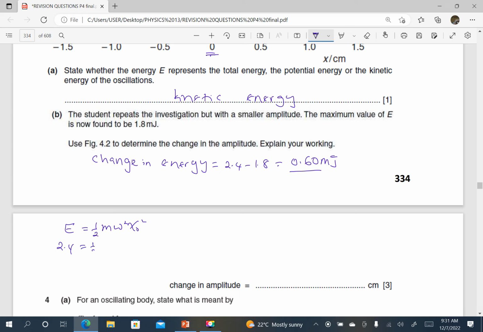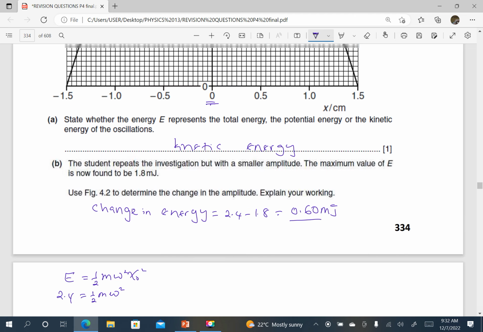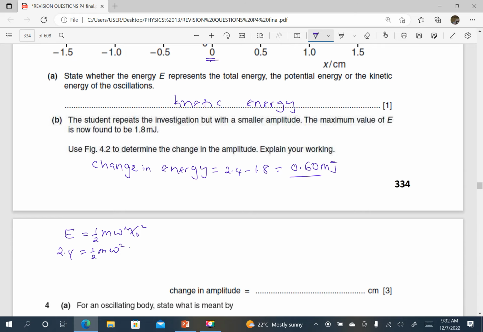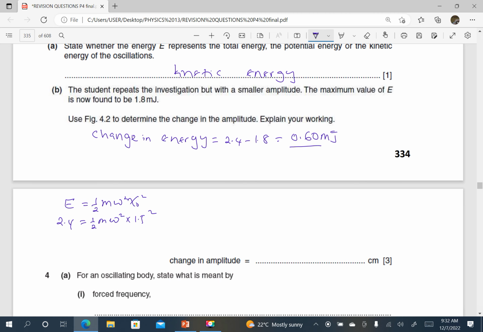This was equal to a half m omega squared times x naught, where maximum amplitude was 1.5, that is times 1.5 squared. Then the maximum value of E is now found to be 1.8 millijoules. This will be a half, m has not changed, omega has not changed, times the new amplitude. The new amplitude is actually, I'm going to call it x naught squared.